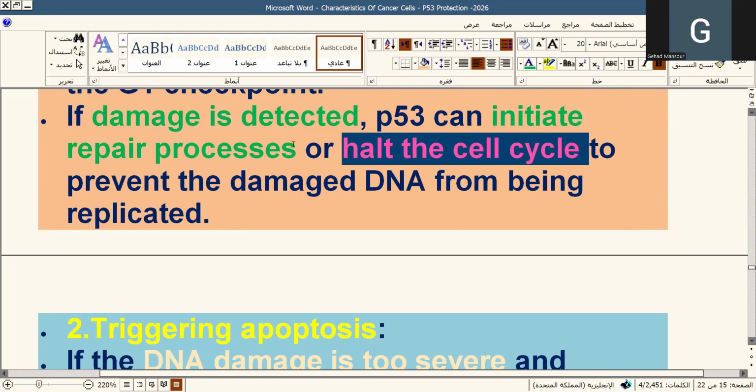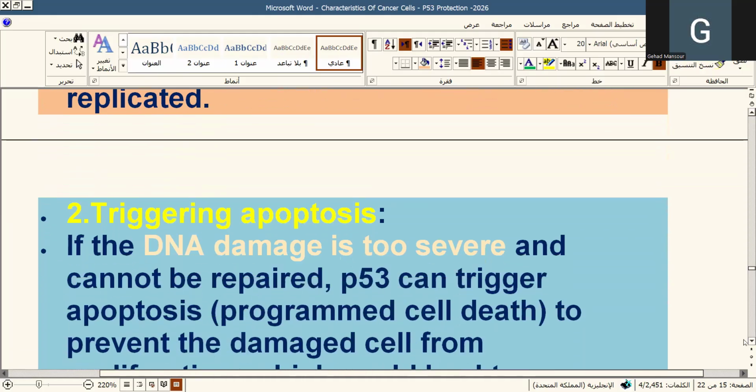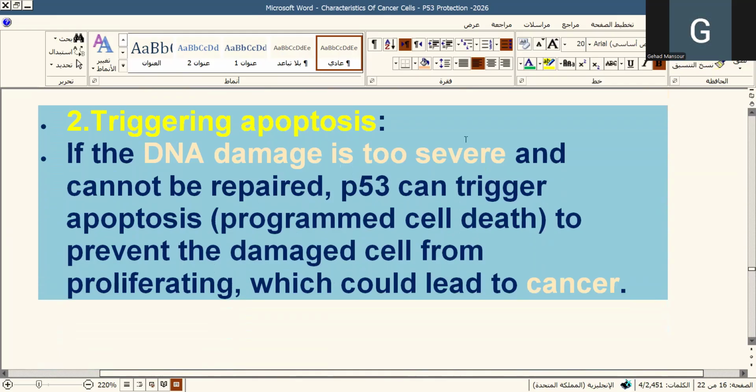So the first attempt is to stop the cell cycle in order to repair the DNA. But if the DNA proves to be irreparable, then in such a condition, P53 will trigger or initiate apoptosis. What is apoptosis?